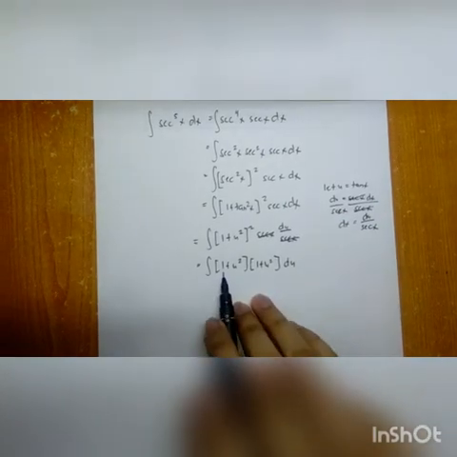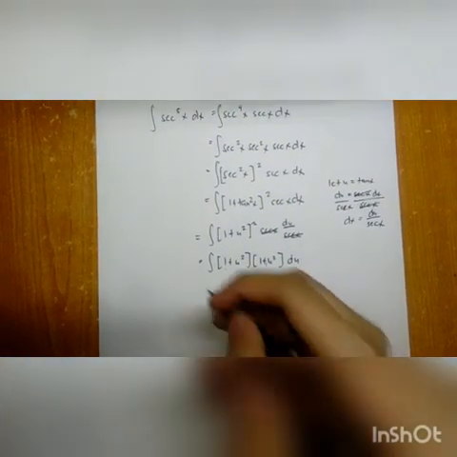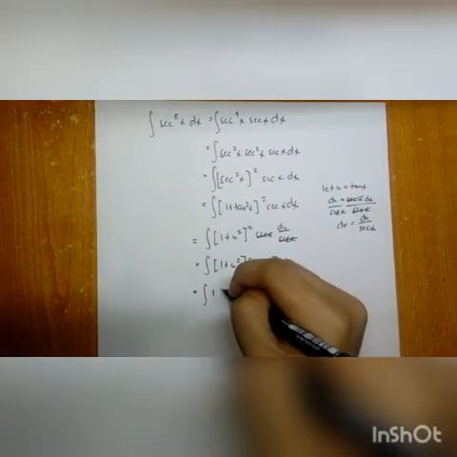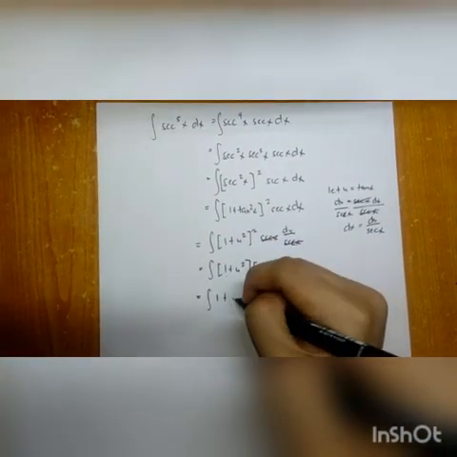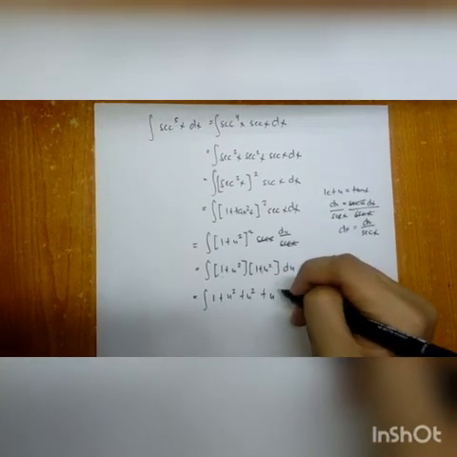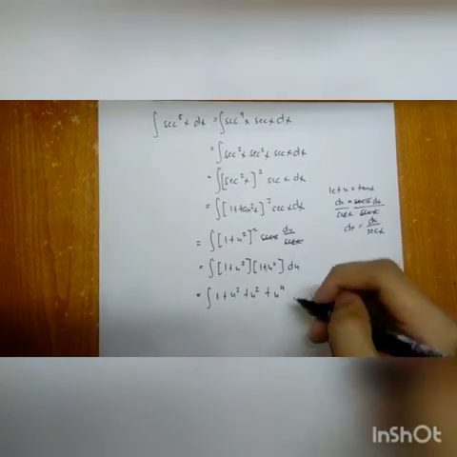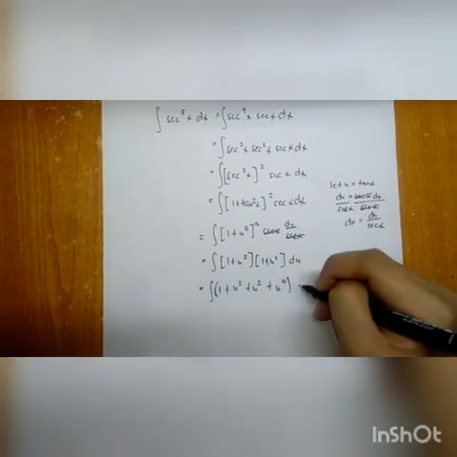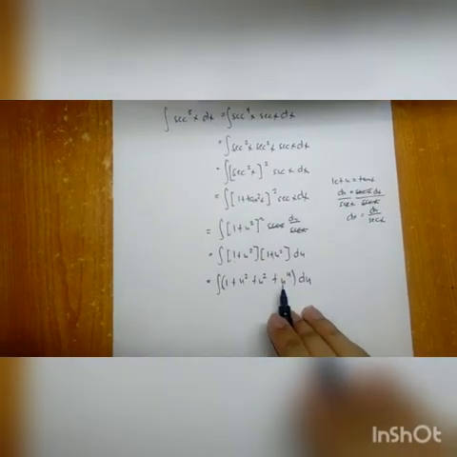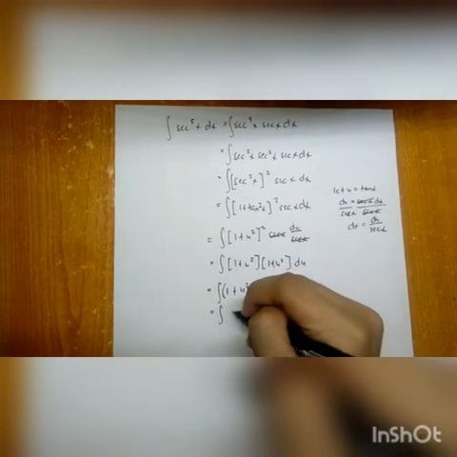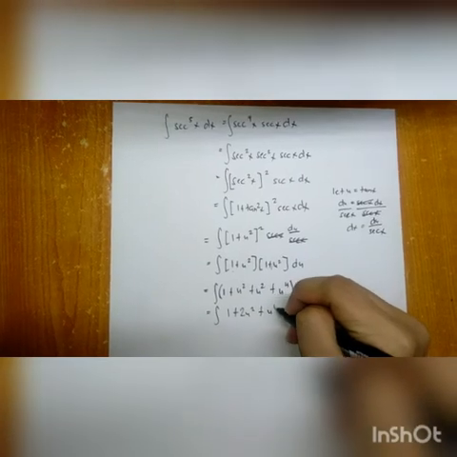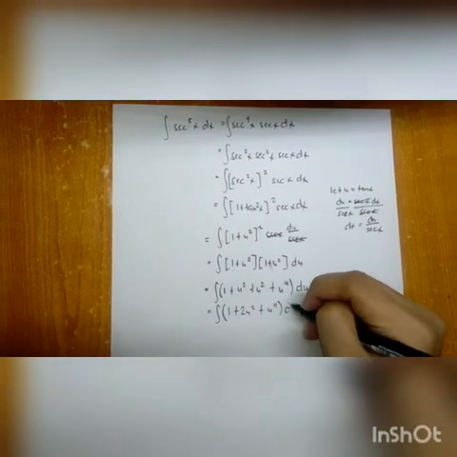du. So we will use the FOIL method on these two, which will be the integral of 1 plus u squared plus u squared plus u to the fourth, by using the FOIL method, then du. We will combine the like terms, and that will become 1 plus 2u squared plus u to the fourth du.